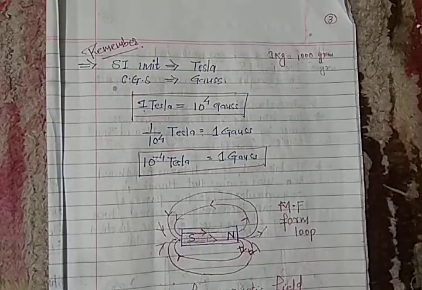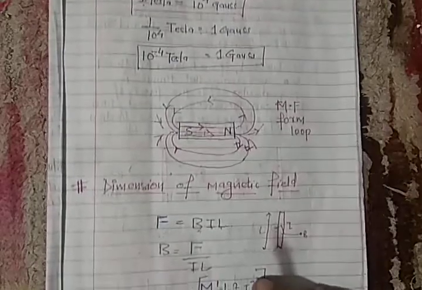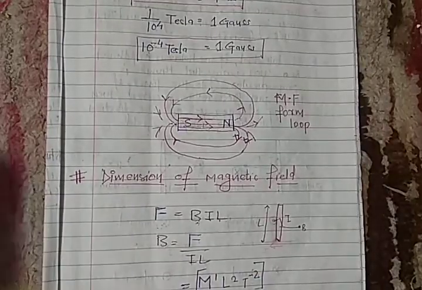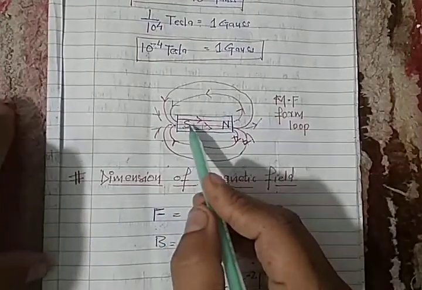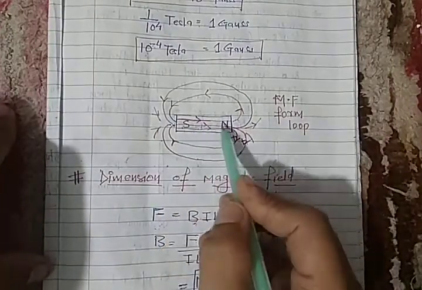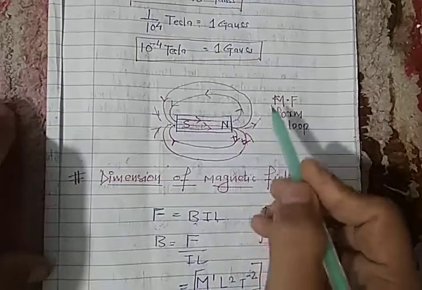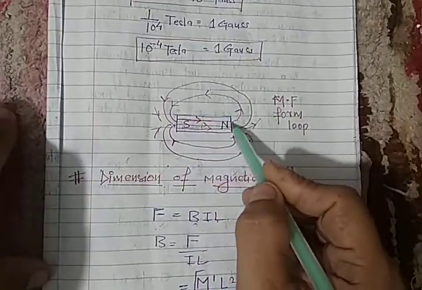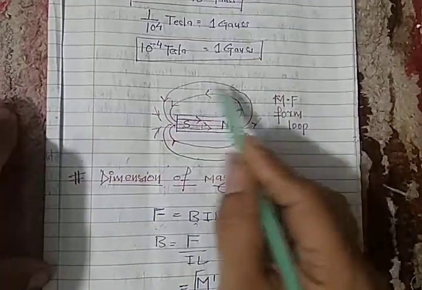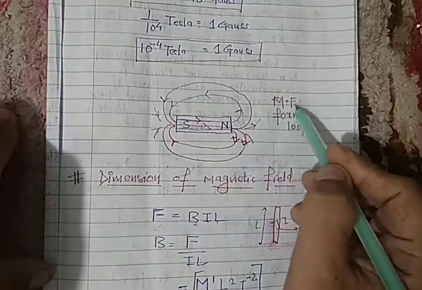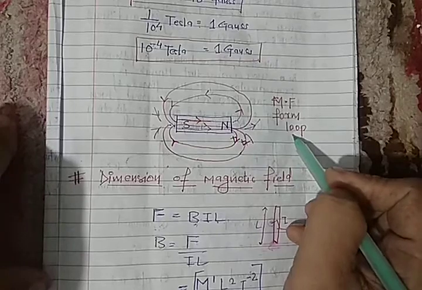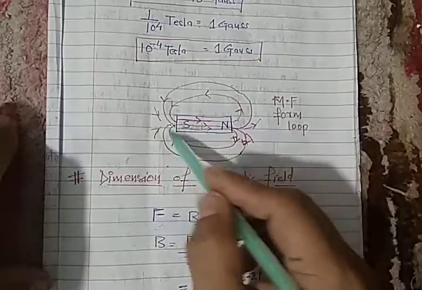Very simple, very interesting. Now what is a magnetic field? We know that in a magnet, inside the magnet the magnetic field flows from south to north, and outside it is north to south. What is the meaning of this? The meaning is this: the magnetic field forms a loop.